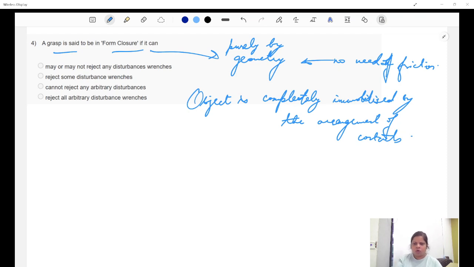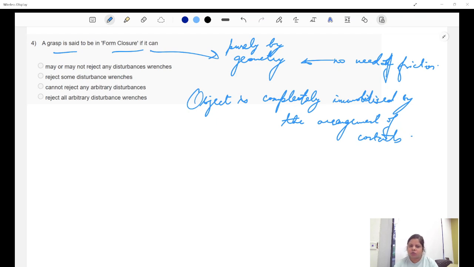So what happens if we try to compare force closure with form closure? Force closure is based on forces plus friction. Form closure is based on geometry only. Force closure can resist all wrenches, yes, if wrench space is spanned. Form closure can resist all wrenches, yes, due to physical entrapment.